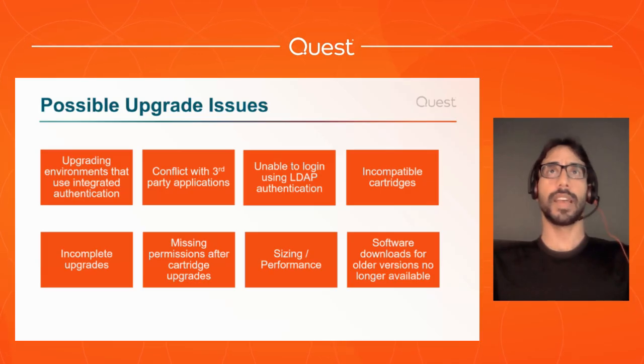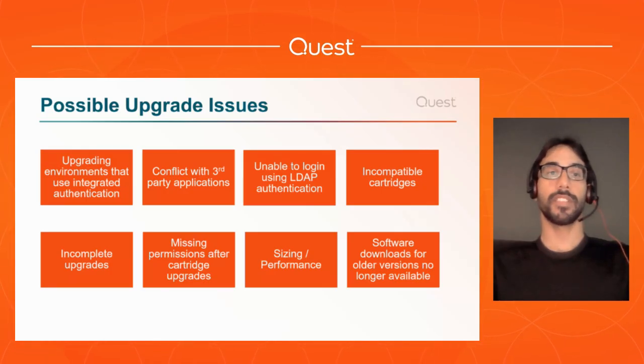It's also something that sometimes can be identified while restarting the agent managers during the agent upgrade stage. We have missing permissions after cartridge upgrades. Updates in agents may include collection changes that require additional privileges, so grant scripts may need to be run again in order to grant those permissions to the monitoring account.